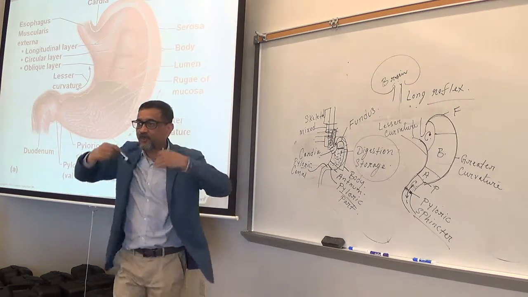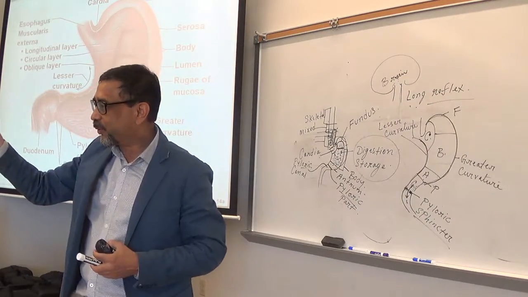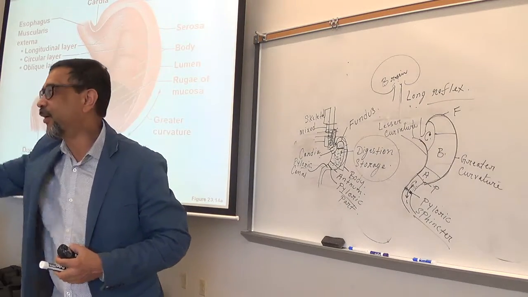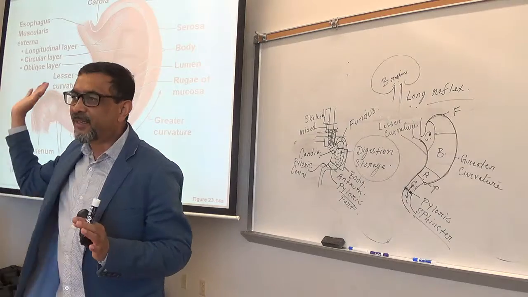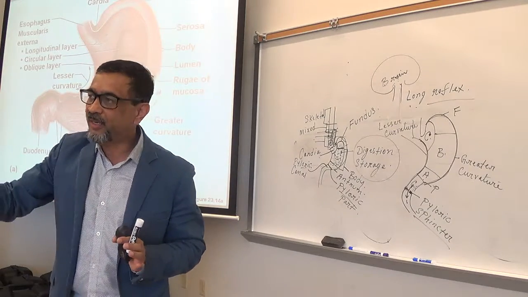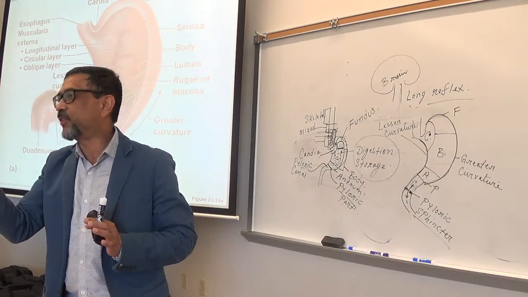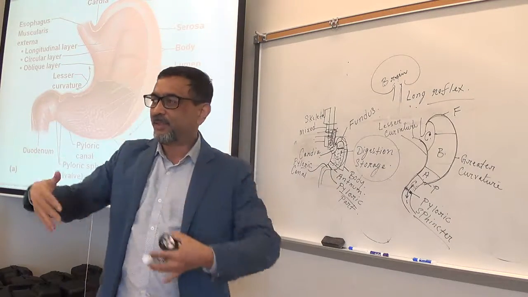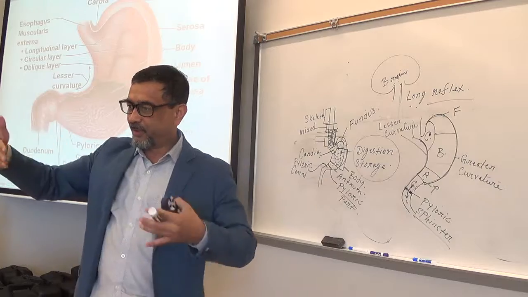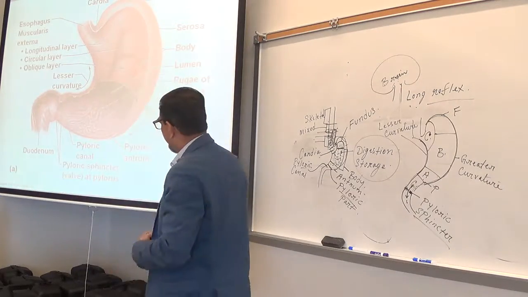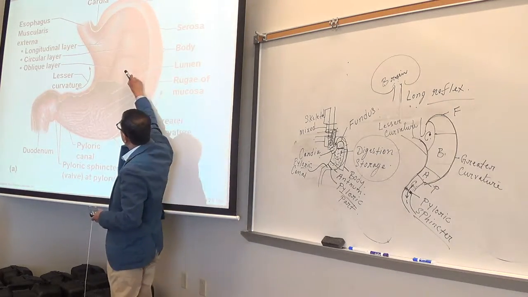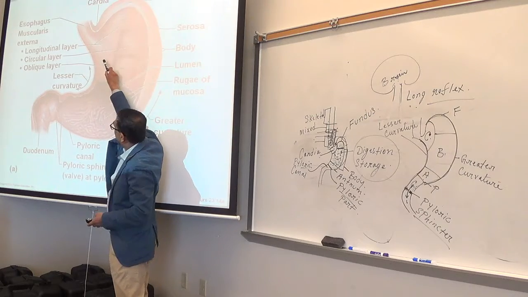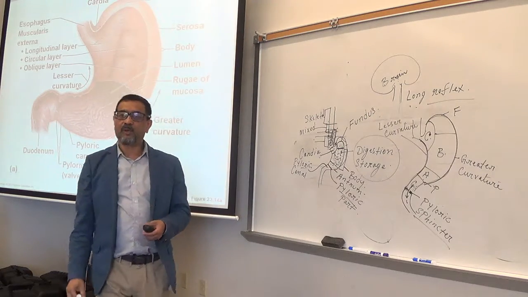In other parts of the GI tract, you have how many? 2. Remember? Circular and longitudinal, right? Here, you have an extra layer, which is the innermost layer, which is oblique. The fibers are oblique. Not circular, not longitudinal, but oblique like this. So here, oblique, then circular, then the outermost is the longitudinal.